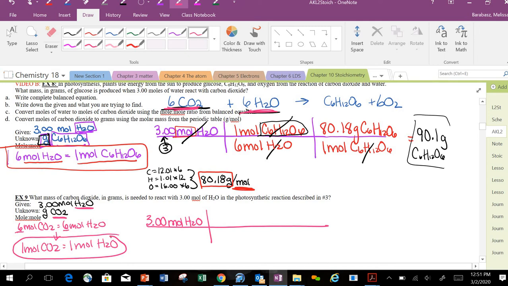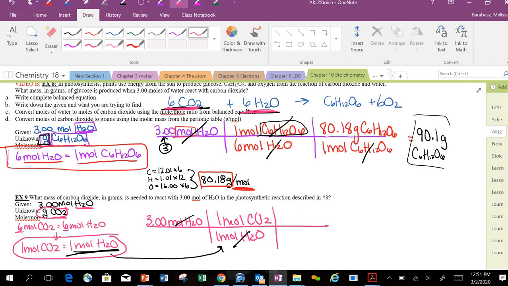So I want to put 1 mole of H2O on the bottom so that the units will cancel out, which means the 1 mole of CO2 has to go on the top. Now we're in moles of CO2, but the question's asking for grams. Moles of water are gone, and we're left with moles of CO2, so we have to keep going.